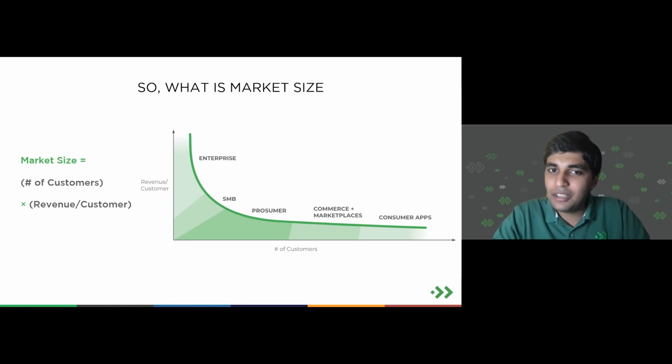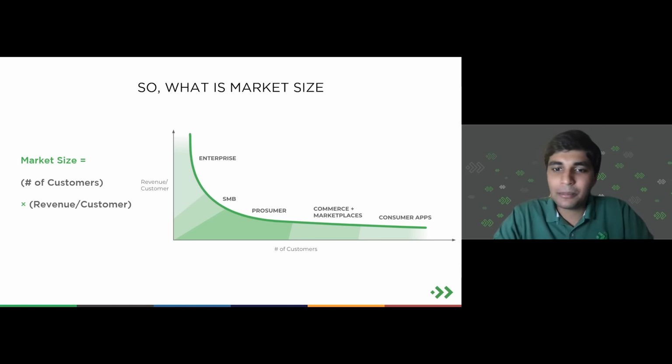For an SMB, pick a company targeting an SMB market segment. Pick an example. Let's call it Yelp. Let's call it Zomato, targeting restaurants, and so on. You would see that the annual revenue per customer would be smaller, but they would have larger numbers of customers available in the market to go after. Prosumer, likewise.